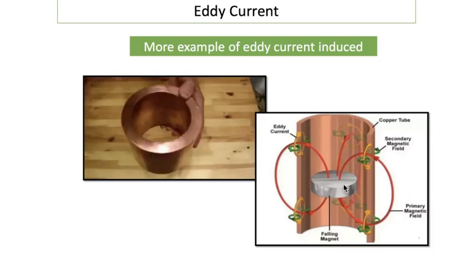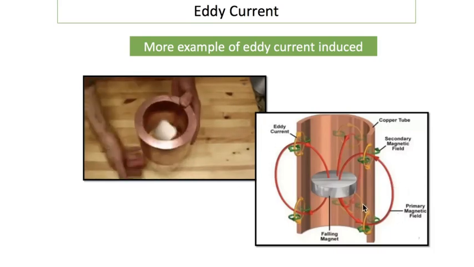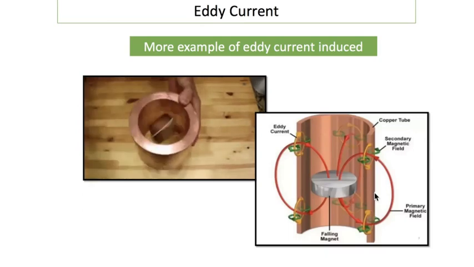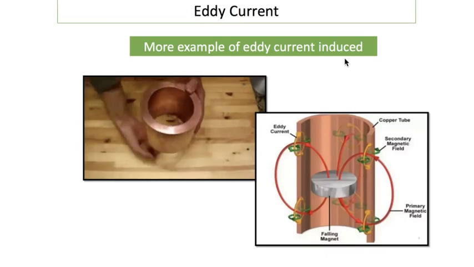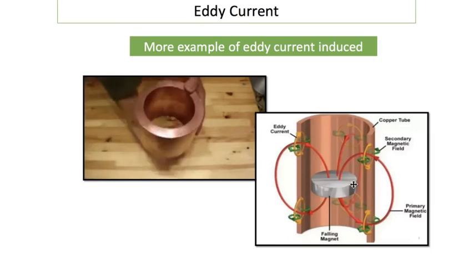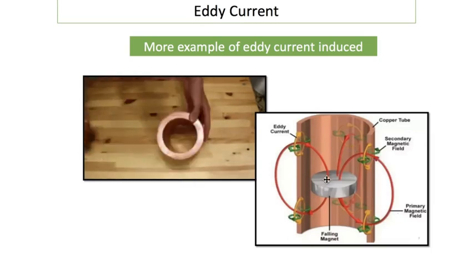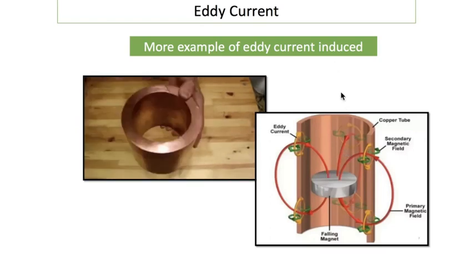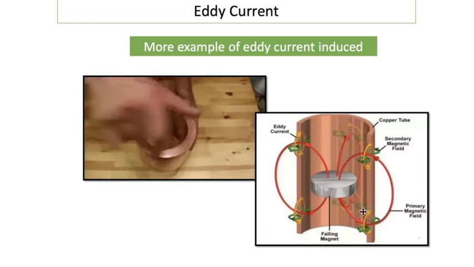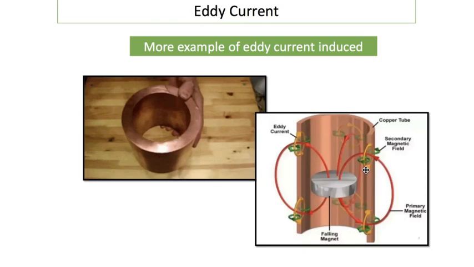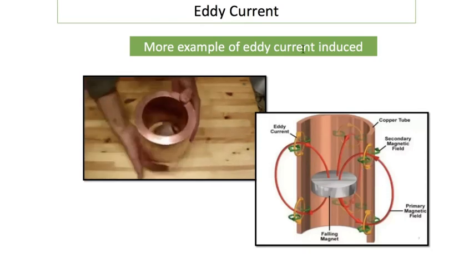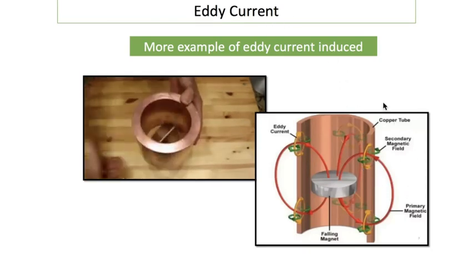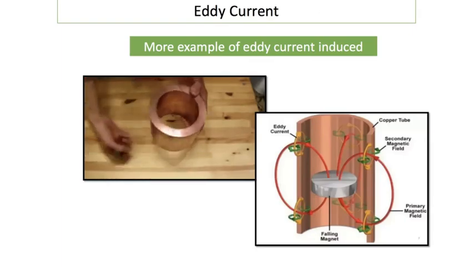So as you can see here, the current will get opposed. When it's falling down, the current will oppose it, trying to make it go up. But then eventually the magnet will fall down. This circulation motion over here is also known as eddy current. So that is all.